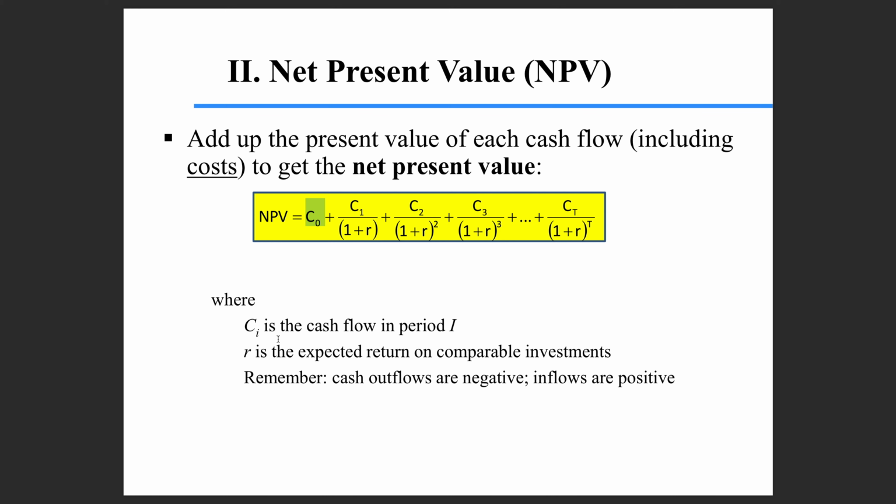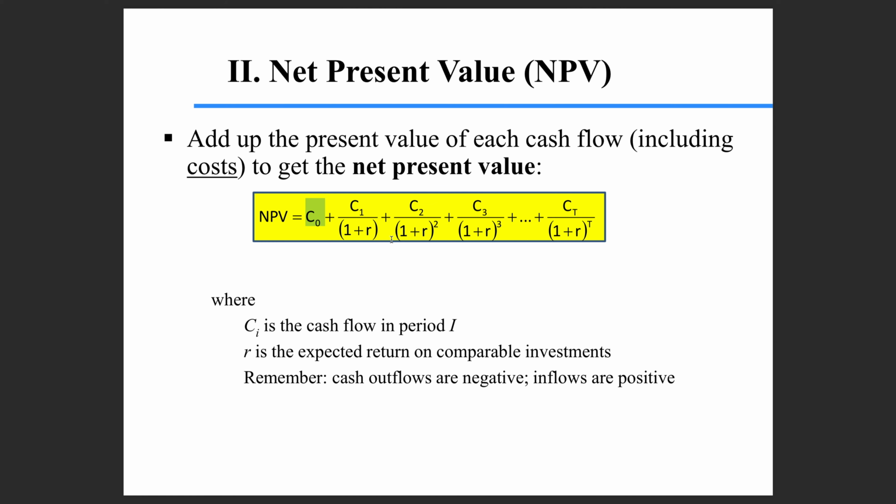R is the interest rate that we earn on this project, which is the same as the interest rate we earn on comparable investments. And we record costs as negative cash flows or cash outflows, and we record the revenue as positive cash flows or inflows.